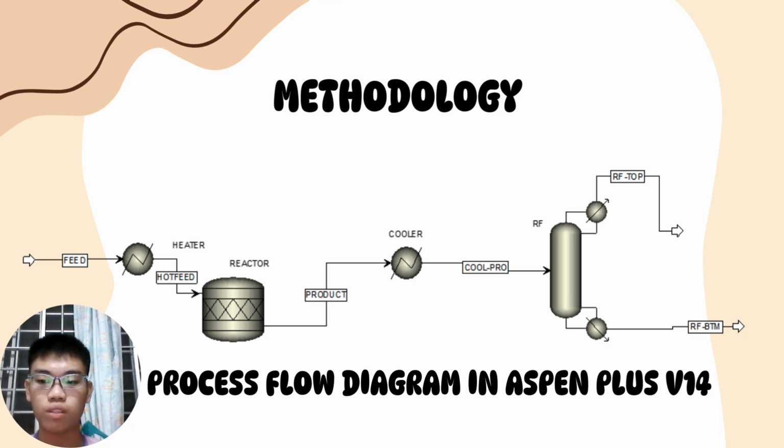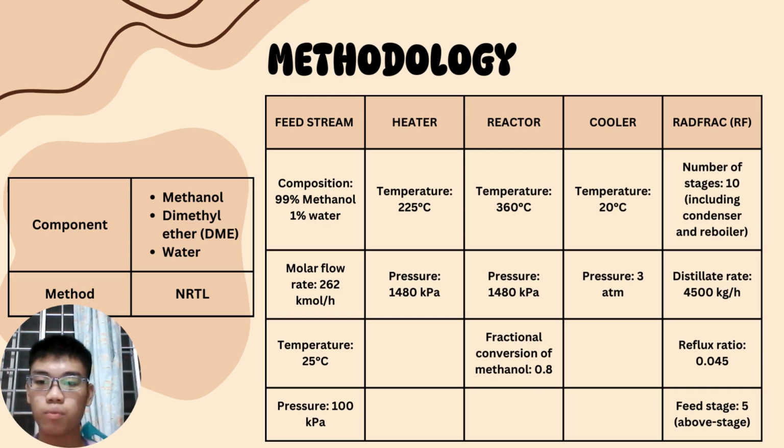The refractory distillation column was used to separate the methanol water mixture from dimethyl ether. Dimethyl ether was removed from the top stream of the column, while the methanol water mixture was removed from the bottom of the refractory as byproduct.